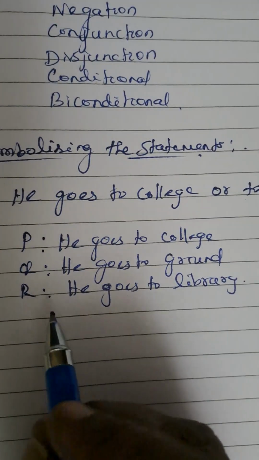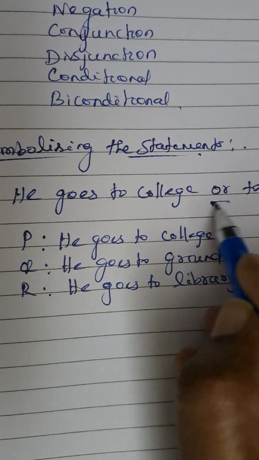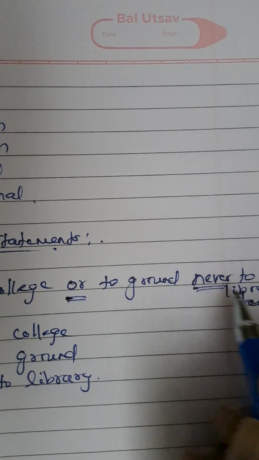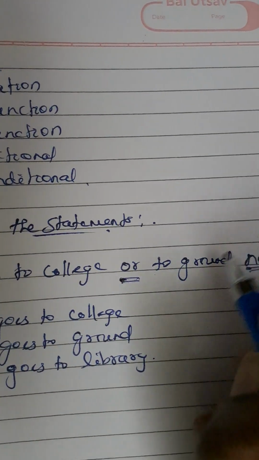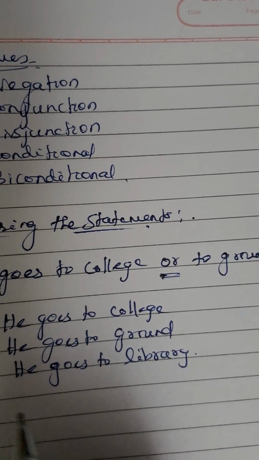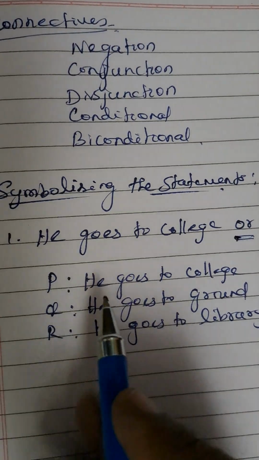Here we have, you just connect, he goes to college. This R is the conjunction. Never is the conjunction, right? Never to. So it is in between comma, never to temple. So whenever you have comma, that is nothing but conjunction.